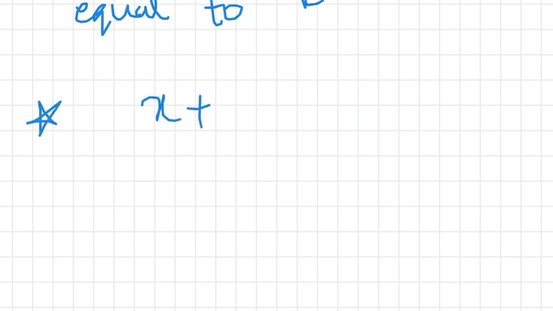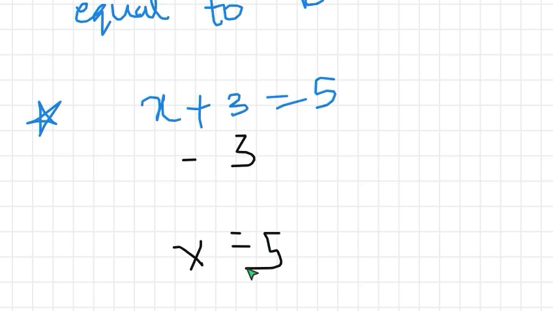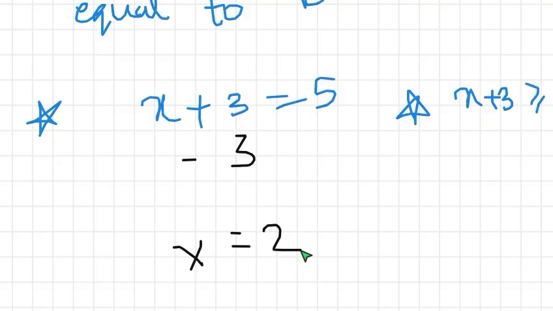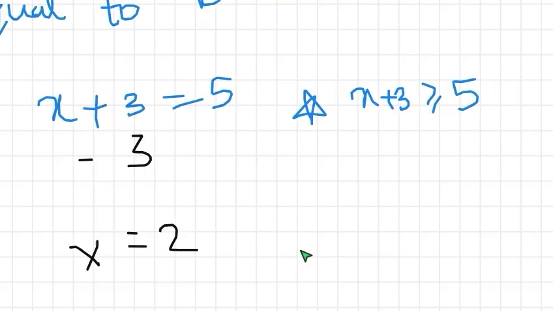Let's say if x plus 3 is equal to 5, how do you solve for x? Subtract 3. x is equal to 5 minus 3, that is 2. So you are adding or subtracting 3. Similarly, if I write x plus 3 greater than or equal to 5, can you guess how to solve this?